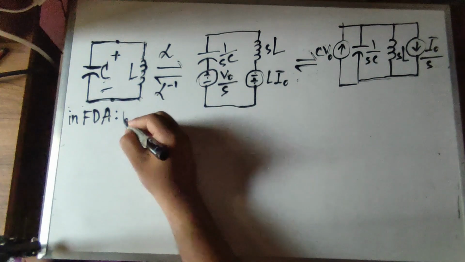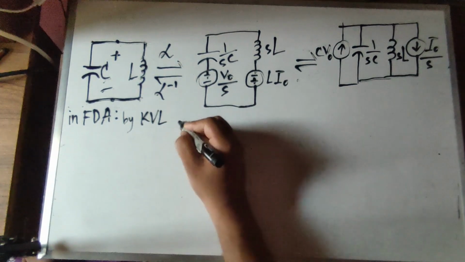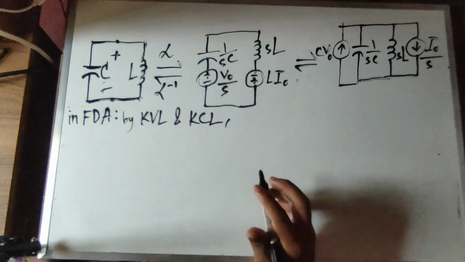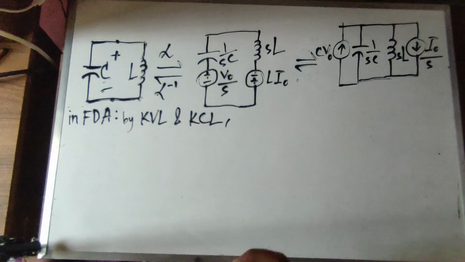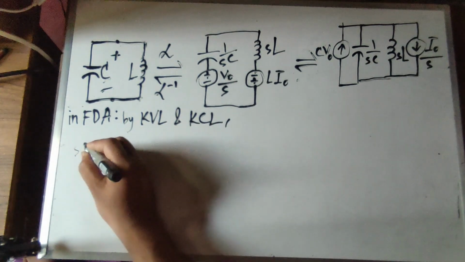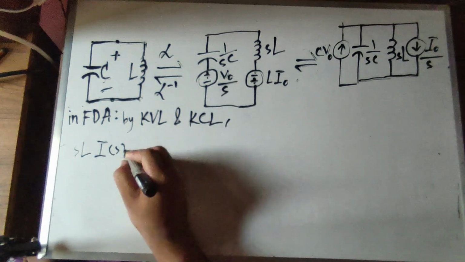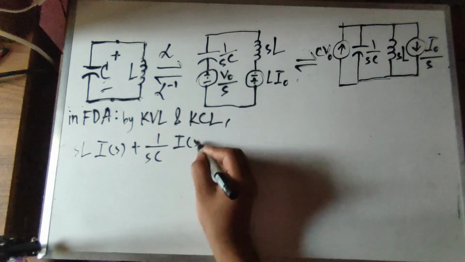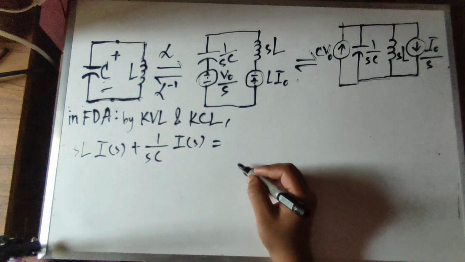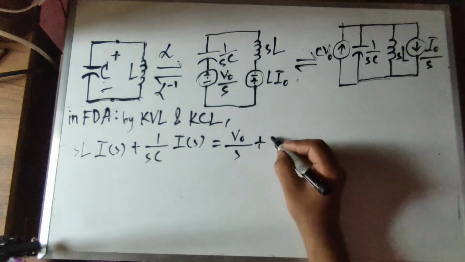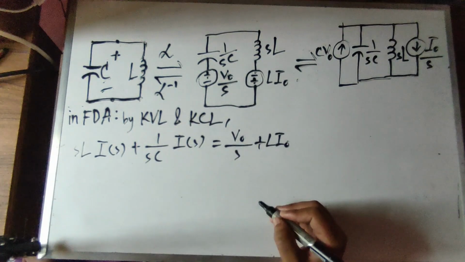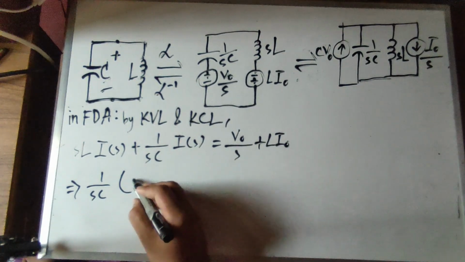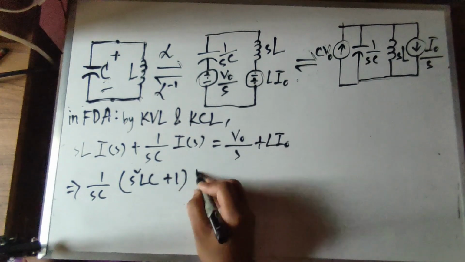So by KVL and KCL, applying KVL in this circuit we find sL I(s) plus 1 by sC I(s) equals V0 by s plus L I0. Now I take out the common factor and rearrange: (s squared LC plus 1) by sC times I(s) equals V0 by s plus L I0.